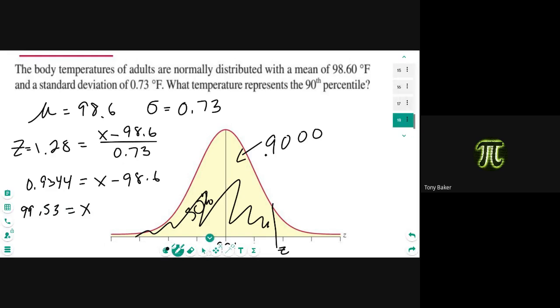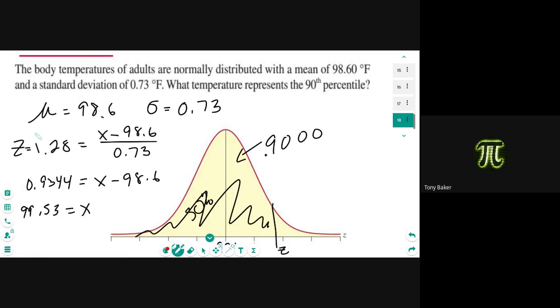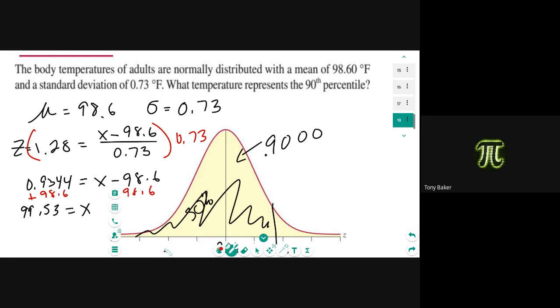Is it 1.28 times 0.73? Yes. So you multiply this whole thing by 0.73. And then we added the 98.6. So 99.53 would be in the 90th percentile.